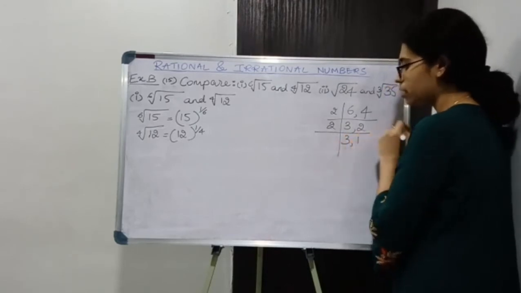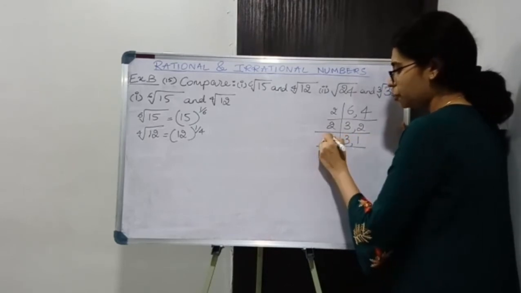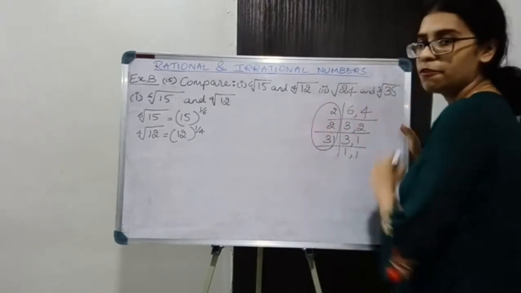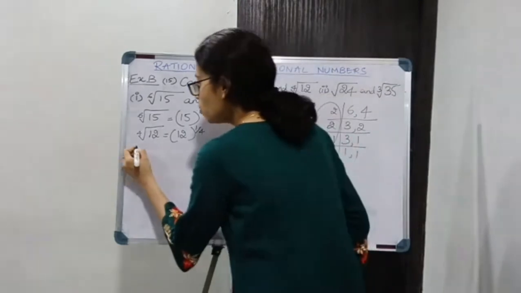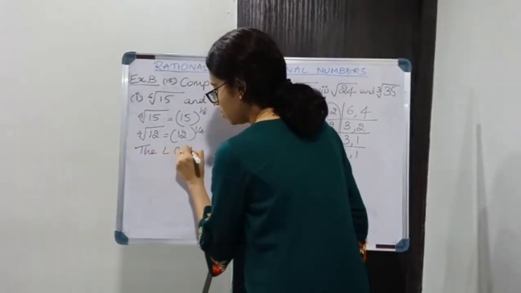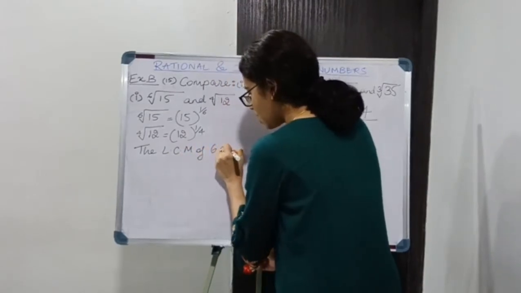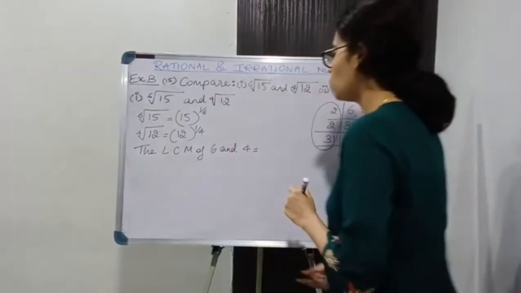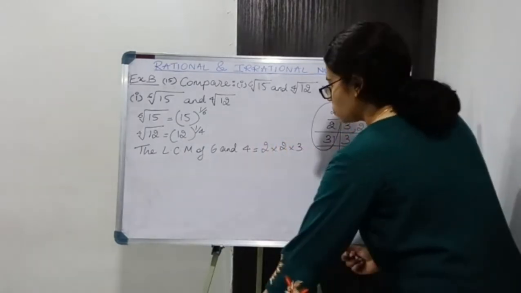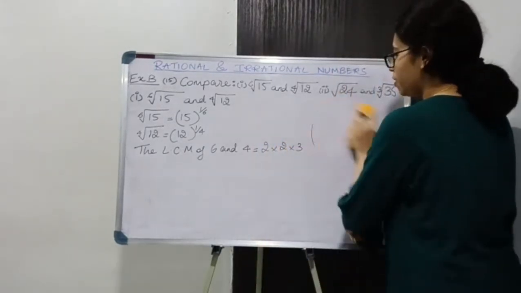And 2 1s are 2. Now I have 3 over here. So 3 1s are 3. And these are the factors. So the LCM of 6 and 4 will be 2 into 2 into 3, which is going to be 12.